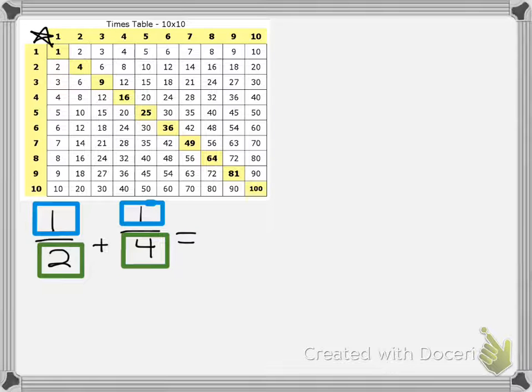So when we look at 1/2 and 1/4, we have to ask ourselves, what can we do to this 2 right here to turn it into a 4?